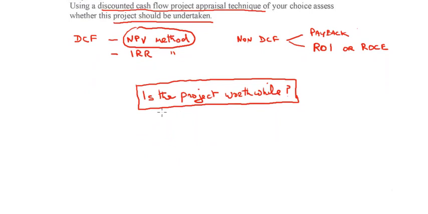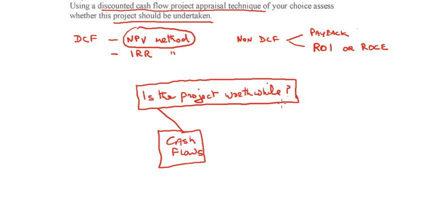We're going to try to answer this question by looking at two pieces of information. The first is what we refer to as cash flows, the cash flows in and cash flows out on our project.